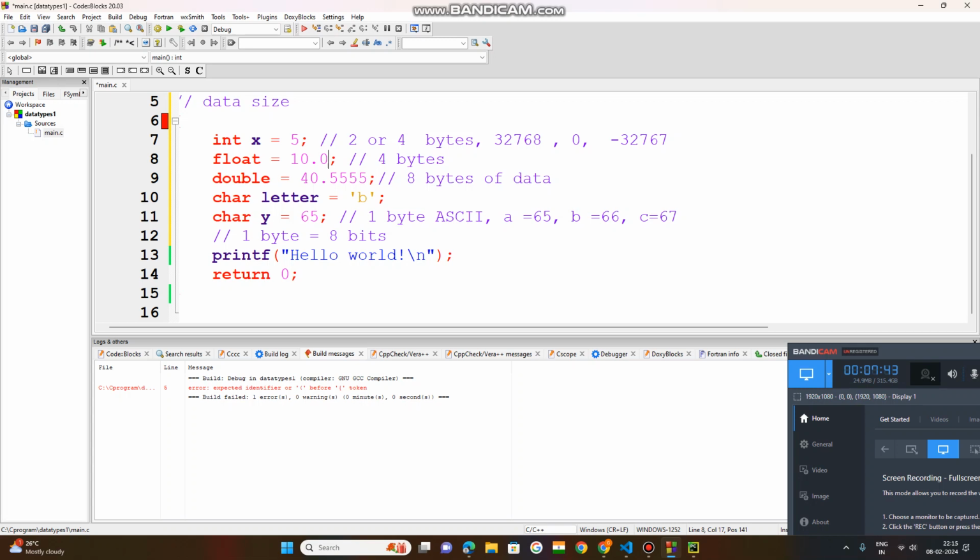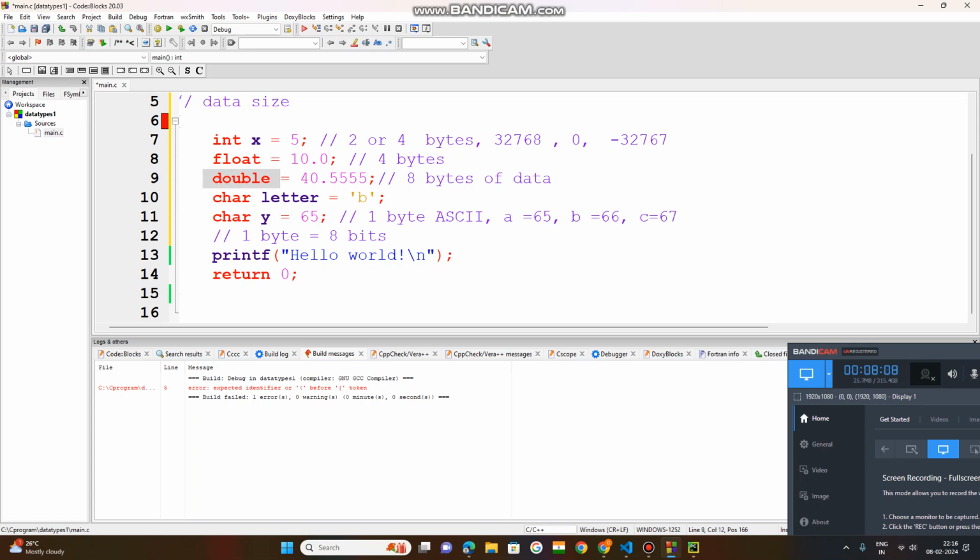So if you put 0 after the decimal point, it is a float number, not an integer. Float has a precision of up to 6 digits, which is how many floating values it can hold.